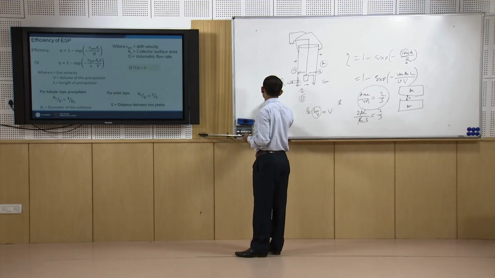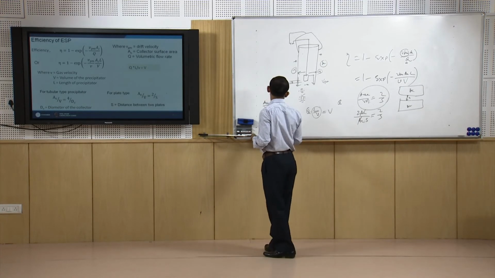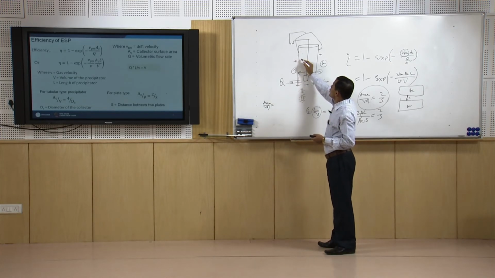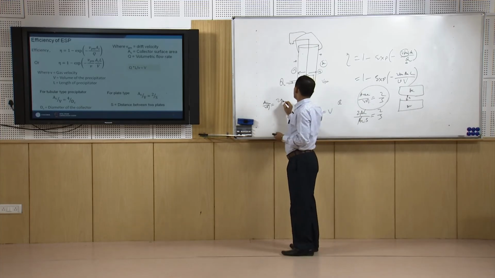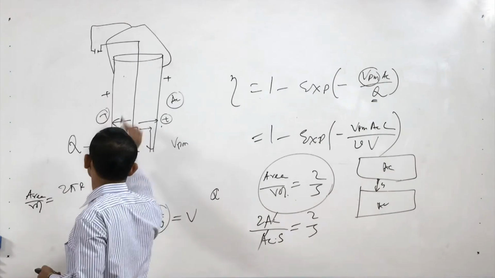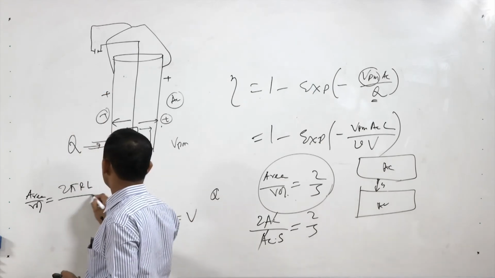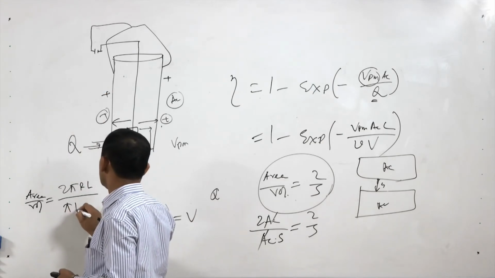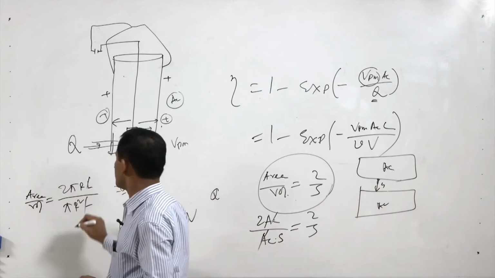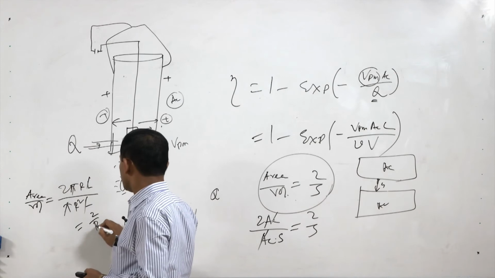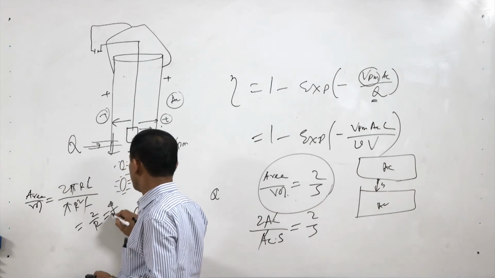But if it is a tubular type of precipitator, what will the area by volume be? The collecting area is 2 pi r into L, divided by volume pi r square L. Cancelling, we get 2 by r, which is equal to 4 by d.